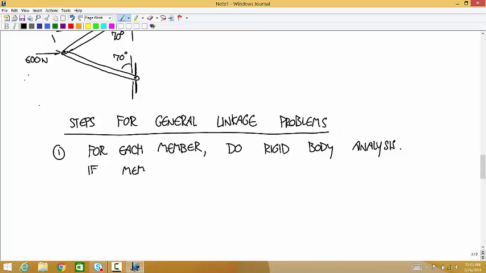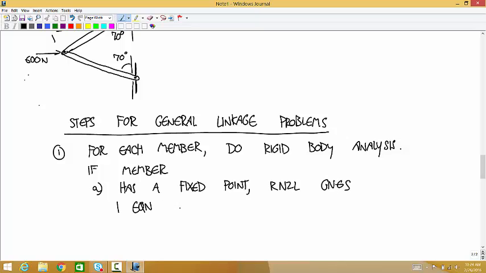If the member in one case has a fixed point, then the rotational version of Newton's second law gives one equation in a 2D problem. If you have a 3D problem, that's 3 equations.